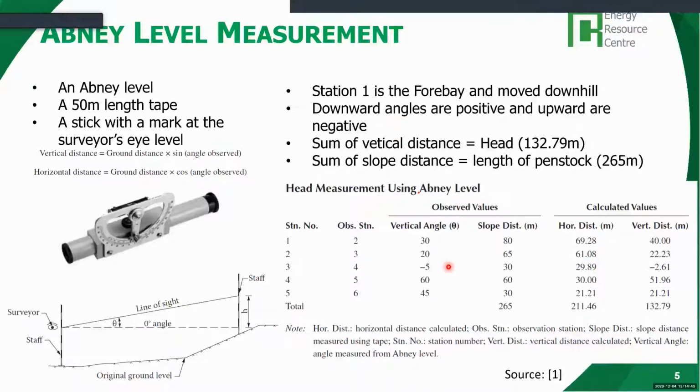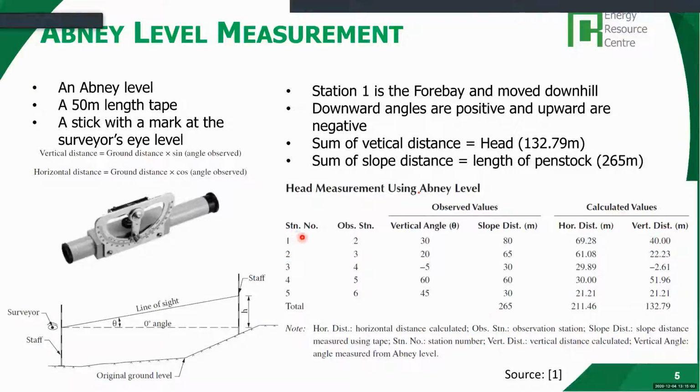So basically what you do using this is you start from the forebay and move downhill, then based on station, like you go from one to another point, you get the vertical angle, you get the slope distance, then you get the horizontal distance. This is the calculated thing, and this is the vertical distance.